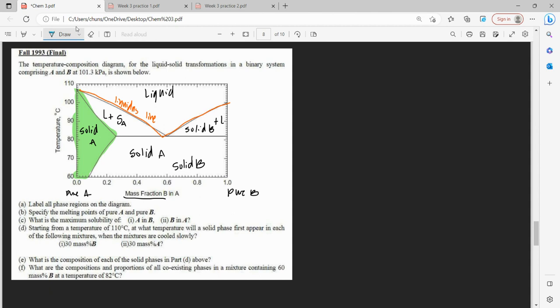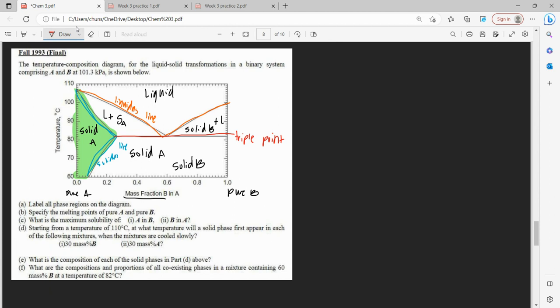And we also have where the solid borders our envelope region. So pure solids, this is called solidus line. And finally, we have this line here, which should look familiar, borders all the different components and our phases, and this is called our triple point line.